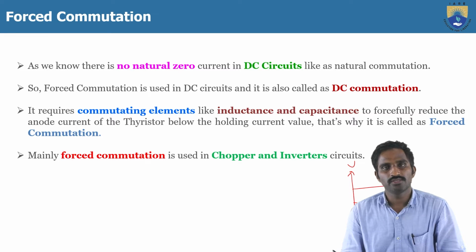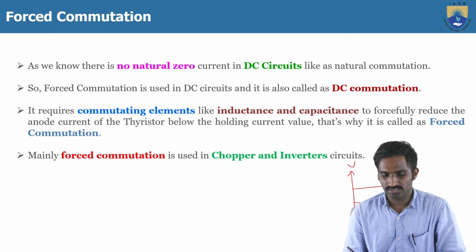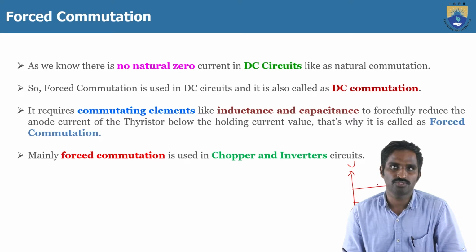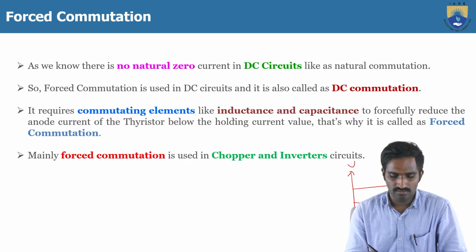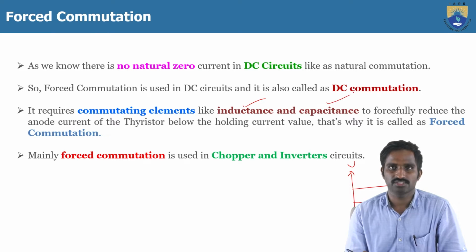Forced commutation is used in a DC circuit, and it is also called DC commutation. Here, to turn off the thyristor, we use commutating elements like inductance and capacitance.